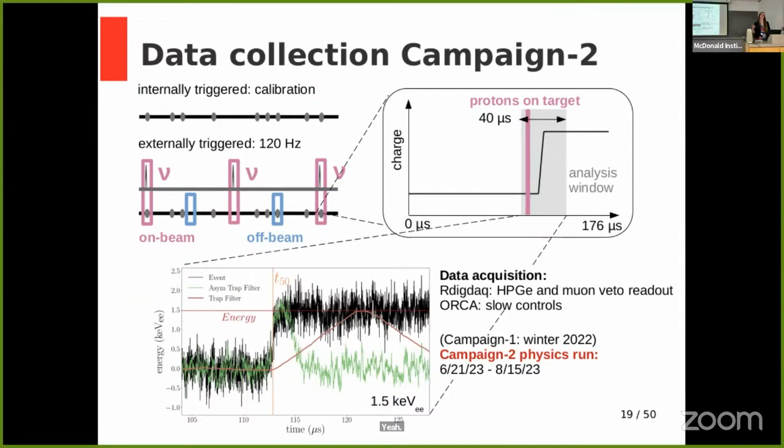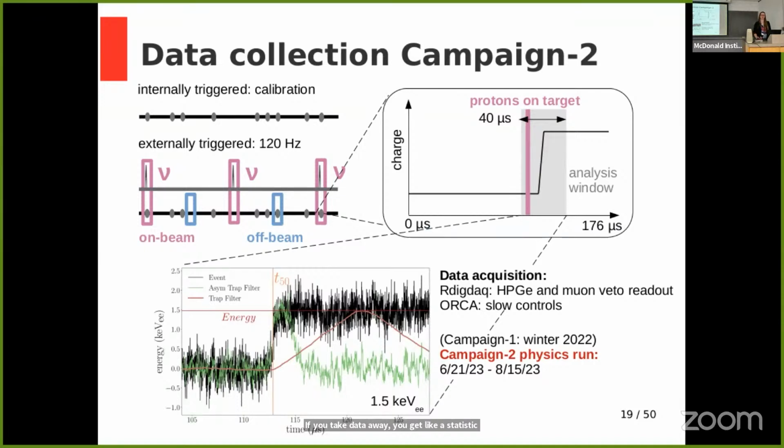Now, this shows you how we collected the data. We have 2 data taking modes. One of them is just the internally triggered data taking, which is what you normally do if you run a germanium spectrometer. We need this data for calibration, because if you take data in this way, you get a statistical background line.